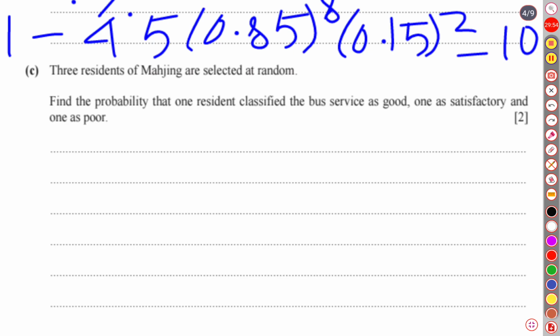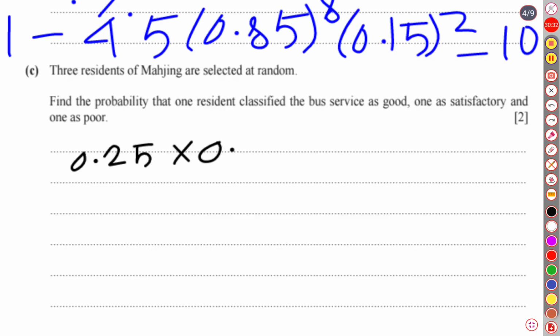There are 3 persons. Three people have been chosen. We don't want to undergo any complication. Simply we will write: suppose the first one, one of the three, classified this as good. For good it was 0.25. Into, and the other one, it is not addition, it is and, another person, one of the three, classified this as satisfactory.